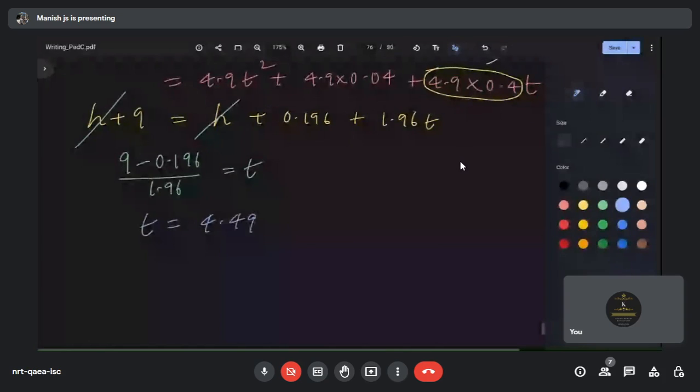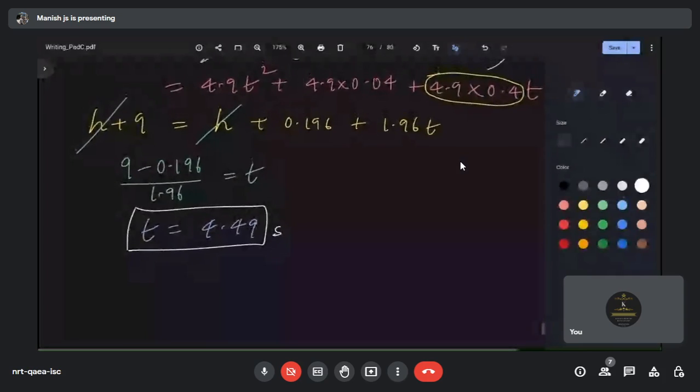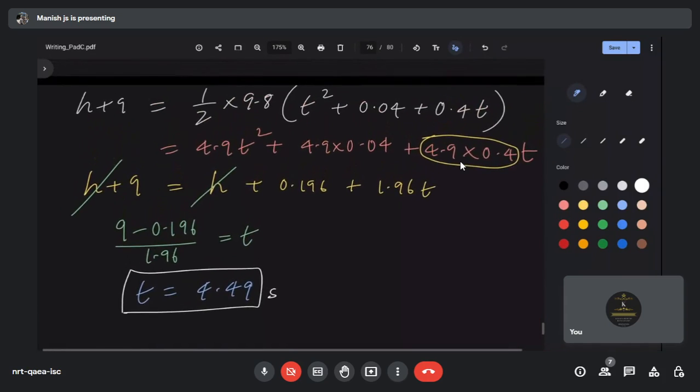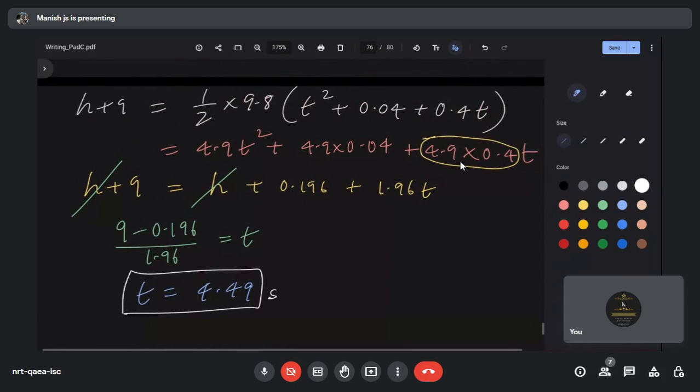Just check பண்ணிக்கோங்க because I am getting 4.49. So t வந்து 4.49 seconds you will get. Are you getting 4.49? Check பண்ணுங்க after you simplify.